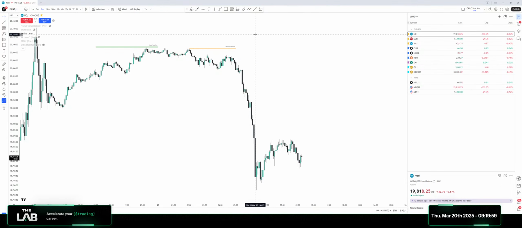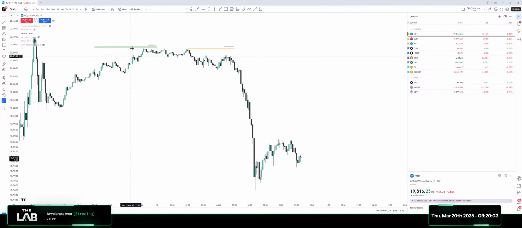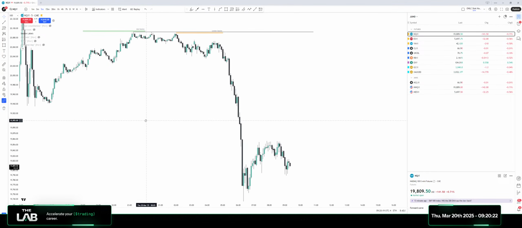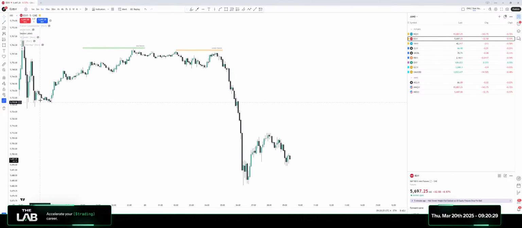But if you do know, you know that I like to look for smooth edges that are aligning with session liquidity. So today we do have those smooth edges aligning with session liquidity. Those are here. Here's a session high, and the subsequent high is being respected. So first of all, what I see is that we have these smooth edges. And if I check those on ES, we're going to see that we also have them.